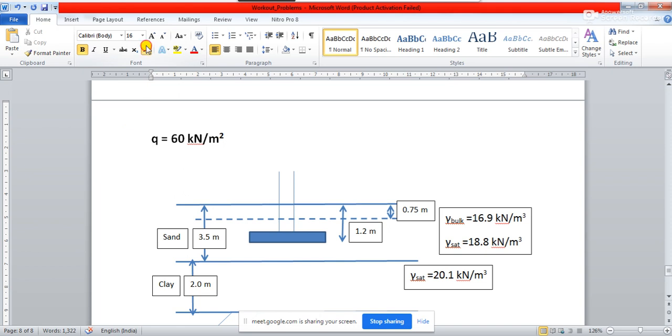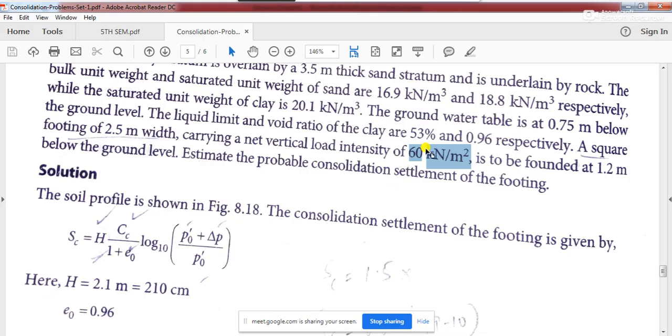What are the other things given? The initial void ratio is given. Let us go back to the problem again and see: the initial void ratio is given as 0.96, isn't it? The liquid limit and void ratio of clay, so the void ratio mentioned over here is the initial void ratio.